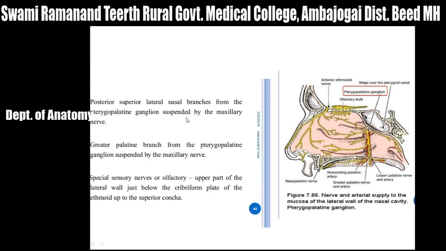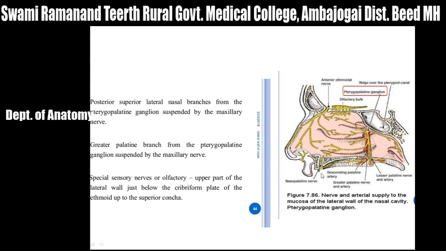Then the posterior superior lateral nasal branches, arising from the pterygopalatine ganglion, which is suspended by the maxillary nerve. Then the greater palatine nerve, from the pterygopalatine ganglion suspended by the maxillary nerve.